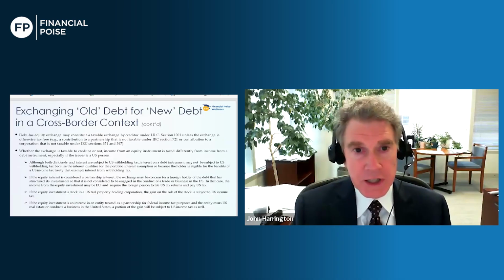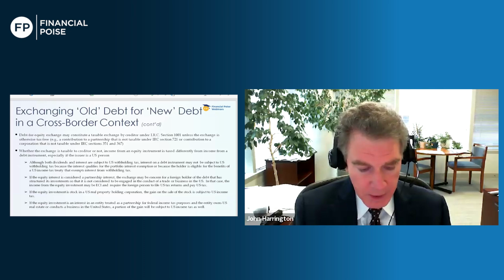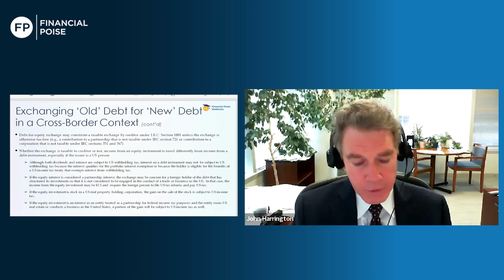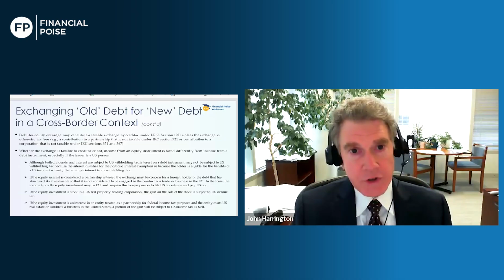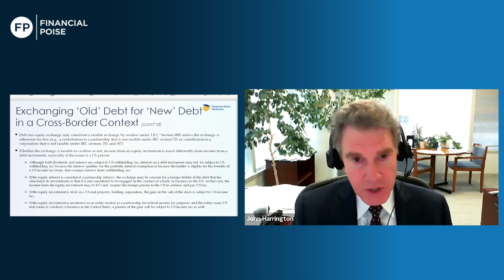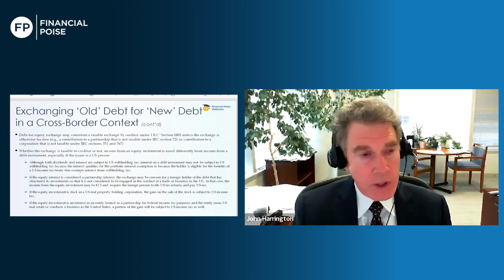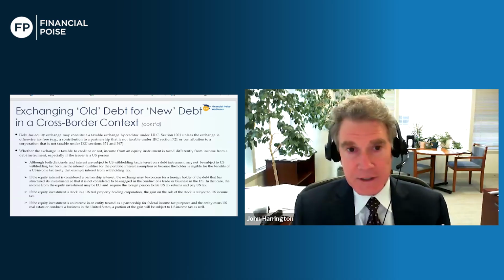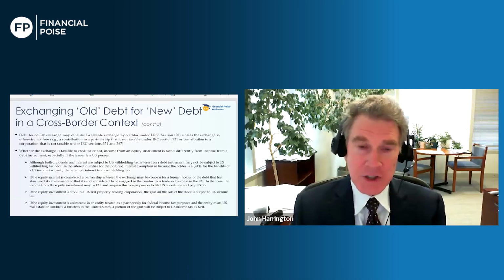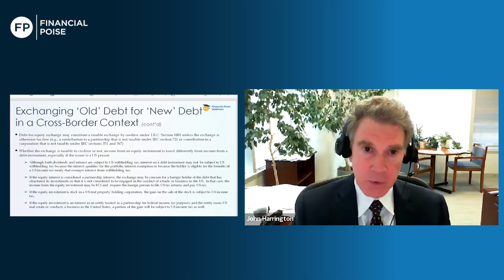Because this actually is a lead into what David was talking about in terms of FIRPTA, the issue in exchanging old debt for new debt. The area, particularly in the cross-border context, that you have to be concerned about, particularly with a foreign lender, is if this isn't necessarily a debt for debt exchange, but rather a conversion of debt into equity.